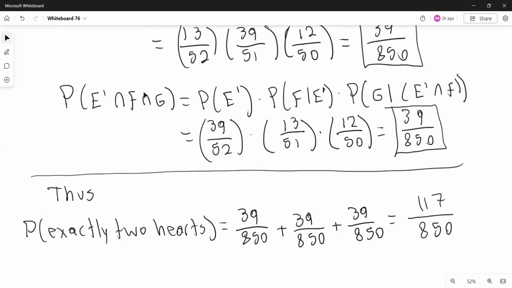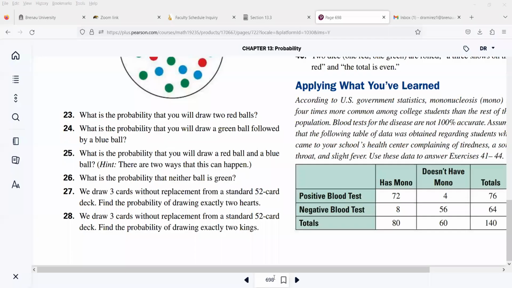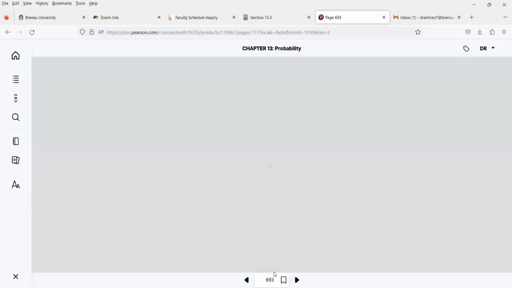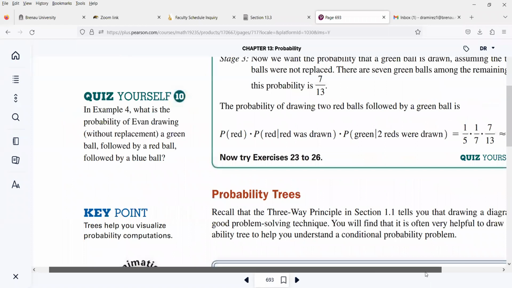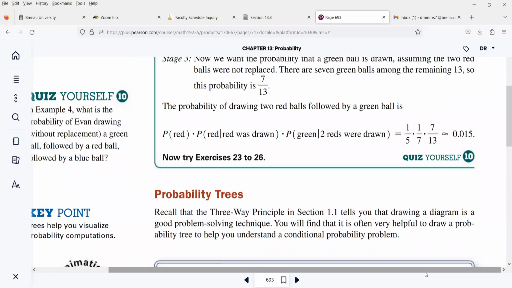Okay, the next part is probability trees. So recall that the three-way principle in section 1.1 tells you that drawing a diagram is a good problem-solving technique. You will find that it's often very helpful to draw a probability tree to help you understand a conditional probability problem.